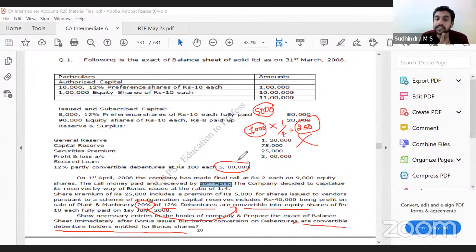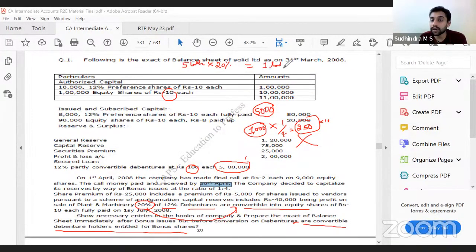When we are talking about debentures, 5,000 debentures, they are of 100 rupees each. The shares are 10 rupees. So it has to be divided by 10. When we are converting, we have to convert in equitable value. So 5 lakh worth of debentures, 20% is converted to equity shares.